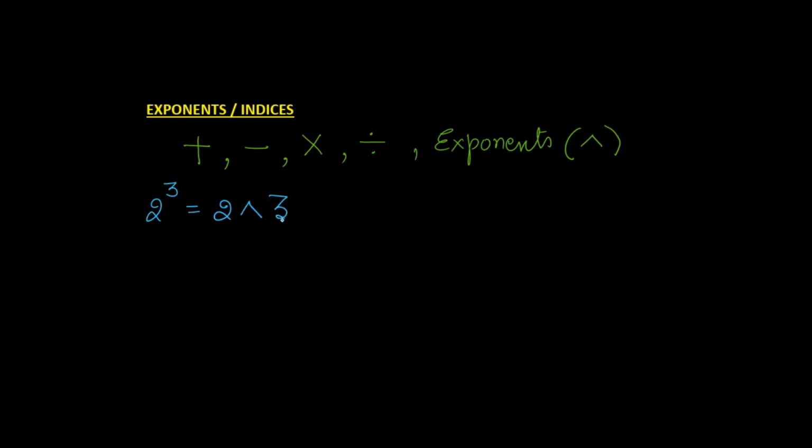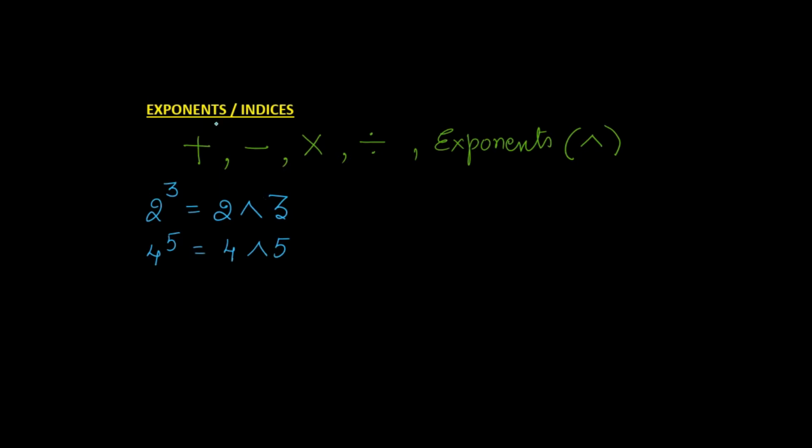Like we have other operations in maths, what all operations do we have? We have plus, minus, multiplication and division. Similarly, the fifth operation is nothing but exponents. And how do we represent exponents? By a symbol, the caret sign. So if we have 2 raised to the power 3, it can be written as 2 caret 3. 4 raised to the power 5 can be written as 4 caret 5.